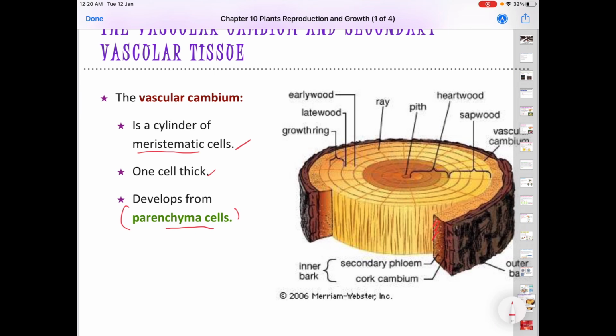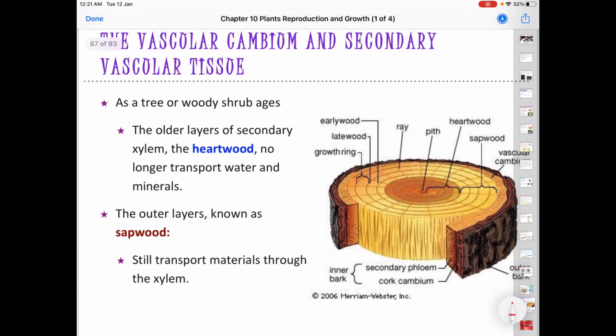If you can see here, this is the secondary phloem, which arises from the cork cambium. Later this secondary growth will form the bark of the plant. The vascular cambium and the secondary vascular tissue: as a tree or woody shrub ages, the older layers of secondary xylem, the hardwood, no longer transport water and minerals, so they become dead cells.